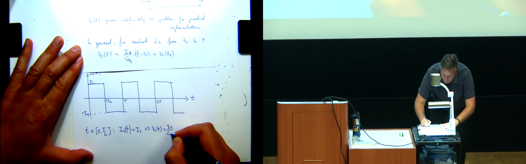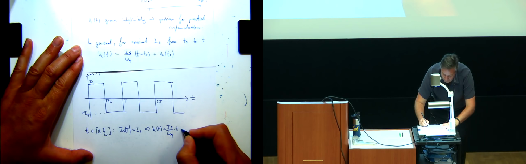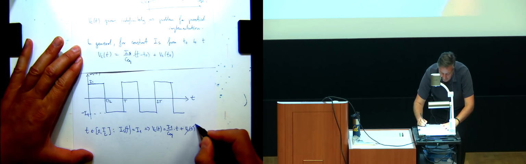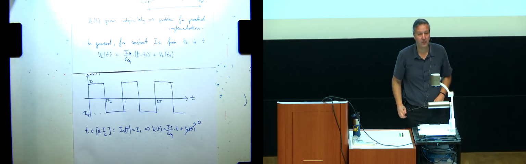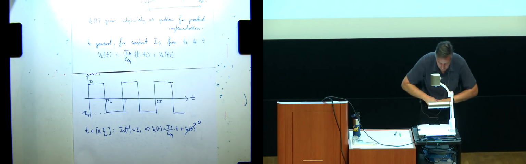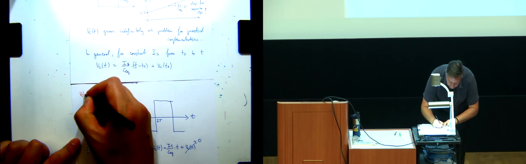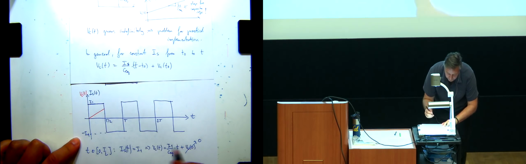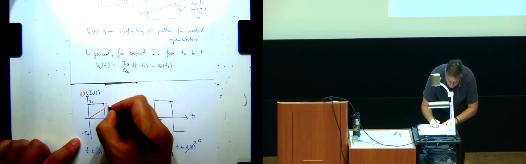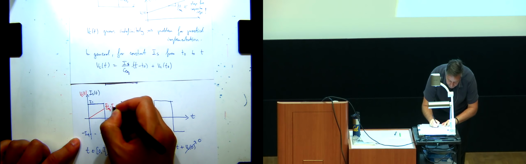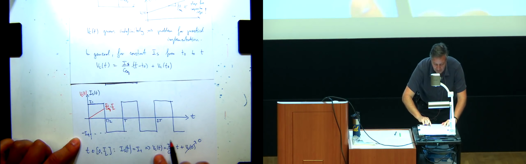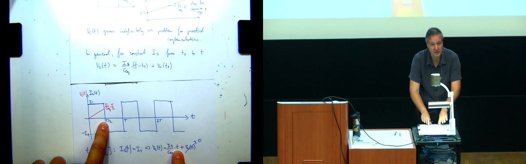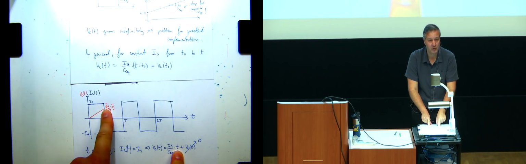It's I1 over C equivalent times t plus Vc of 0. And let's assume that this is 0 for now, right? So let's draw that waveform. So we have Vc of t here, and that's going to go up to some point here. And that point is going to be I1 over C equivalent times T over 2. Because when this one hits T over 2, I have I1 over C equivalent times T over 2. That's the maximum voltage I'm going to get.